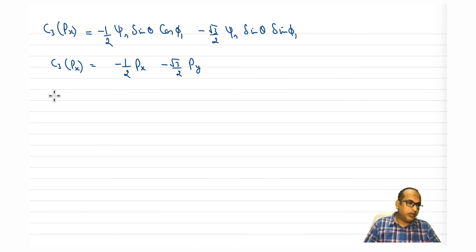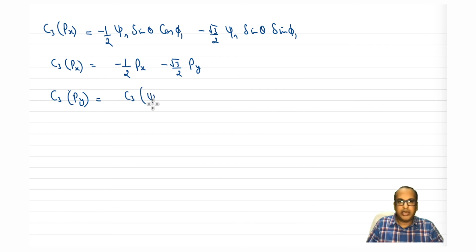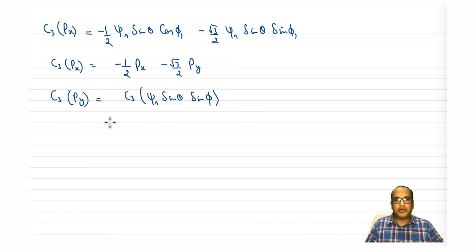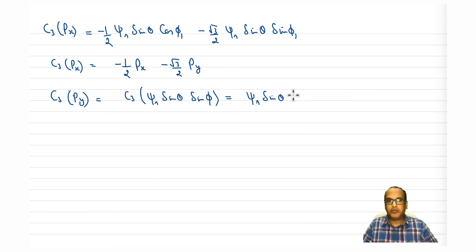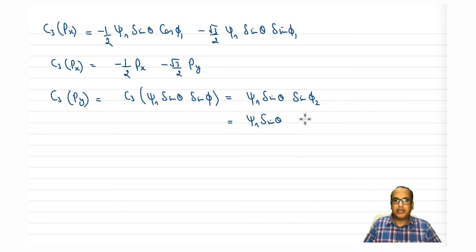Okay. Similarly, now we do C3 onto Py, and what do we get? We'll get C3 onto psi r sine theta sine phi, right? So psi r does not change, sine theta does not change, and sine phi becomes sine phi 2, and this will be psi r sine theta.